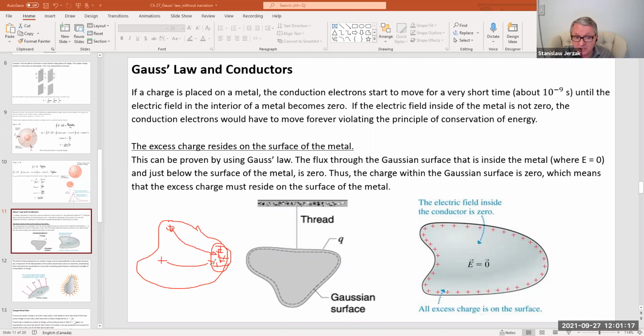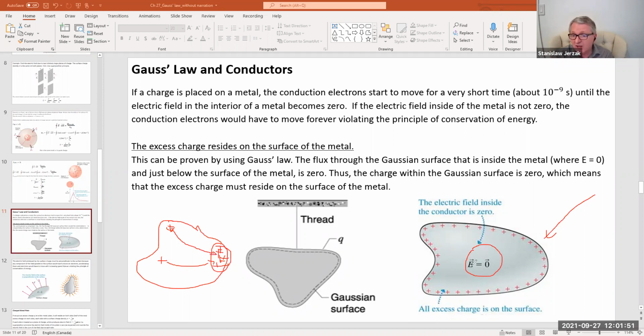As you will see, it would distribute itself on the surface of the metal, and the electric field inside of that metal is equal to 0. So when you charge the metal, after a very short time, electrons move in such a way that the excess charge, whether positive or negative, will be located on the surface of the metal, and inside of the metal, the electric field will be 0.